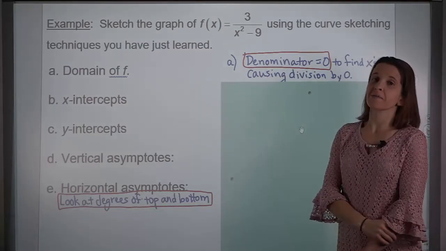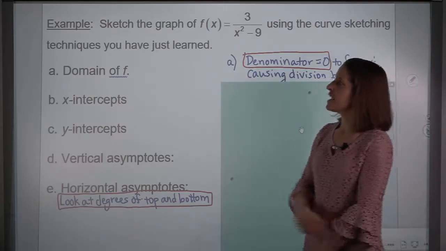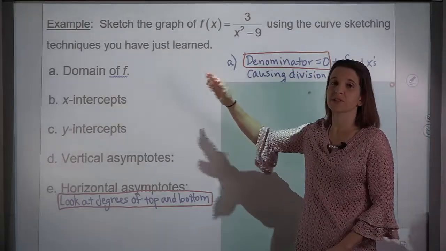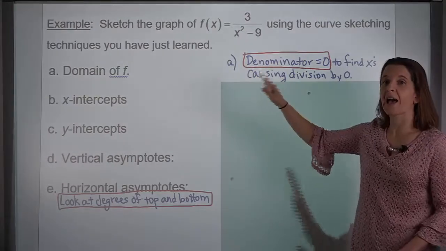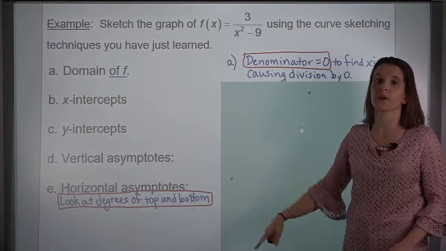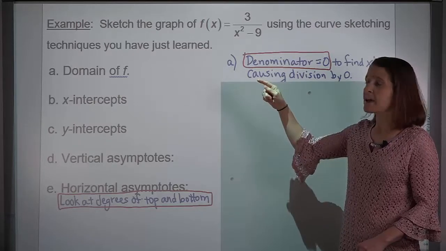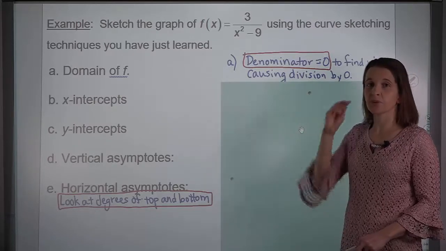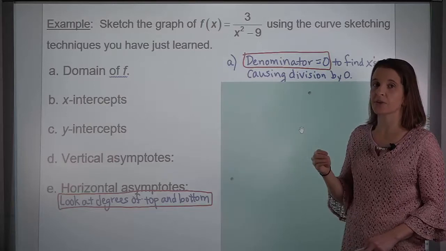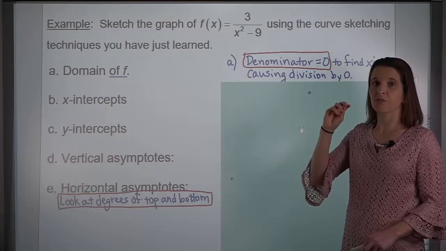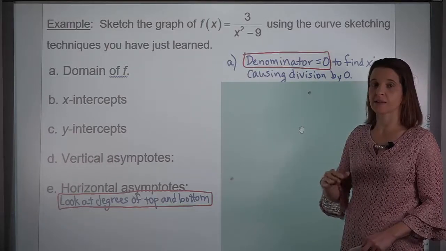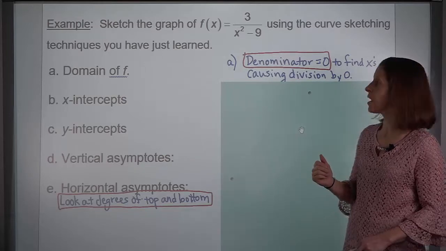Not to do a back in my day, but back in my day, I was told use curve sketching techniques to do this. And I had to know I better do parts A through I, that I just had to do all those things. So I am telling you all those things, and they should be cues in your mind. And so that's really what I want your focus to be, is that cue of what do I do next, and just do the next thing instead of getting overwhelmed by the larger problem.